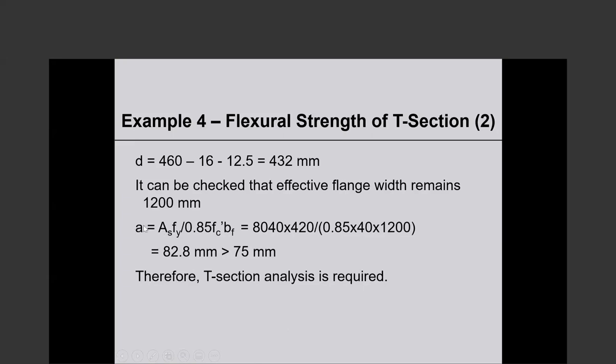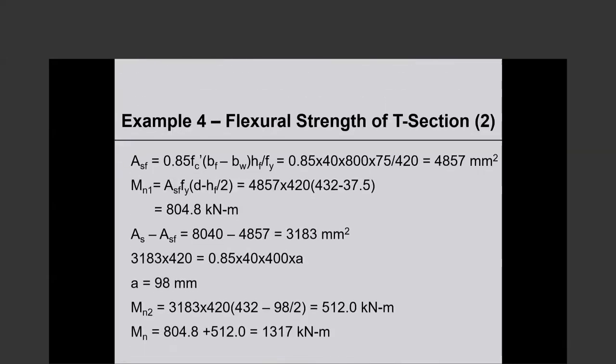If the stress block depth were no larger than the flange thickness, then the stress block depth would have been, as you see here, the tension reinforcement force divided by 85% F sub C prime B sub F. And that comes out to 82.8 millimeters. That is larger than 75 millimeters. So this confirms, as we suspected, that the stress block depth is larger than the flange thickness.